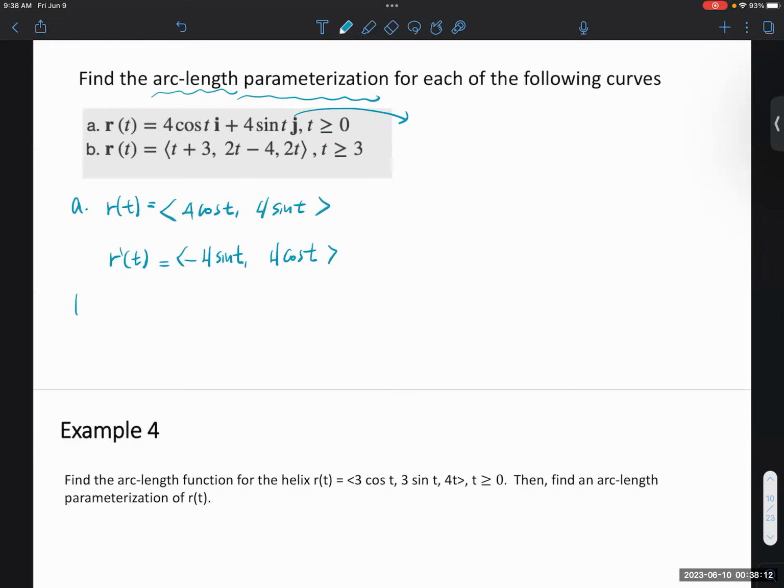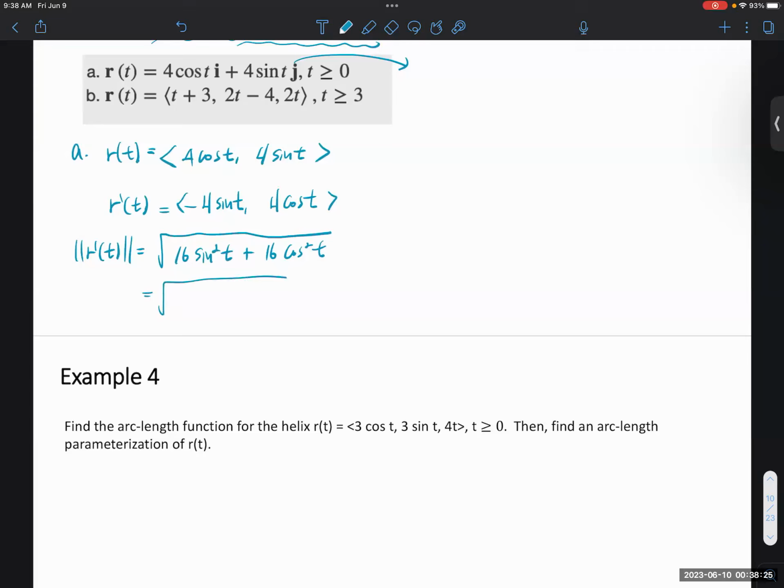Now you take the magnitude, so it'll be 16 sine squared t plus 16 cosine squared t, which is 16 times sine squared t plus cosine squared t. This is going to be 1, so radical 16 is 4. The magnitude of the derivative of the vector is going to be 4.